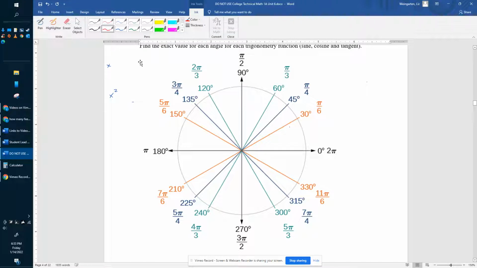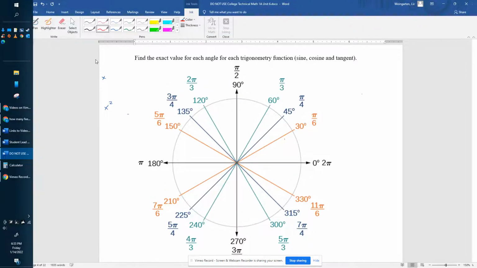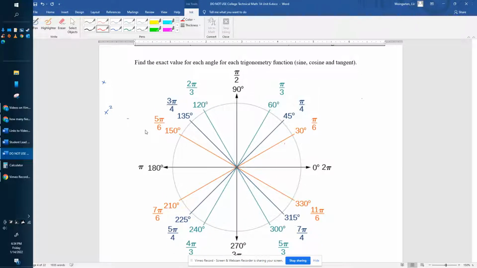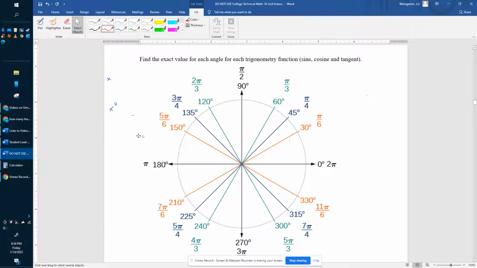Oh, that worked nicely. I'm going to use that trick again. Good enough. All right, let's look at 60 degrees. Go with green this time.